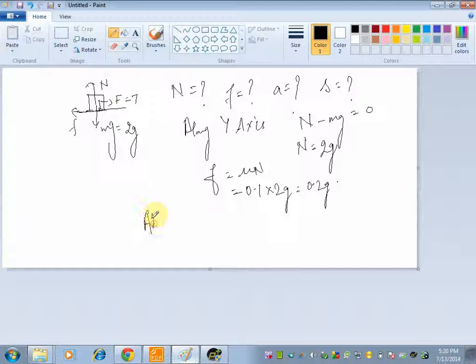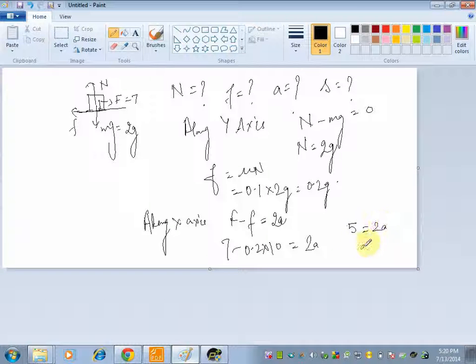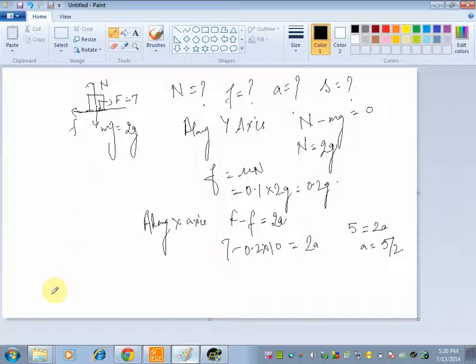Now along the x-axis, F minus f is equal to 2a, 7 minus 0.2 into, I am taking g as 10, so 2a, it will be 7 minus 2, 5 is equal to 2a, a is equal to 5 by 2. So I have the expression now, and now let us find displacement in 10 seconds.